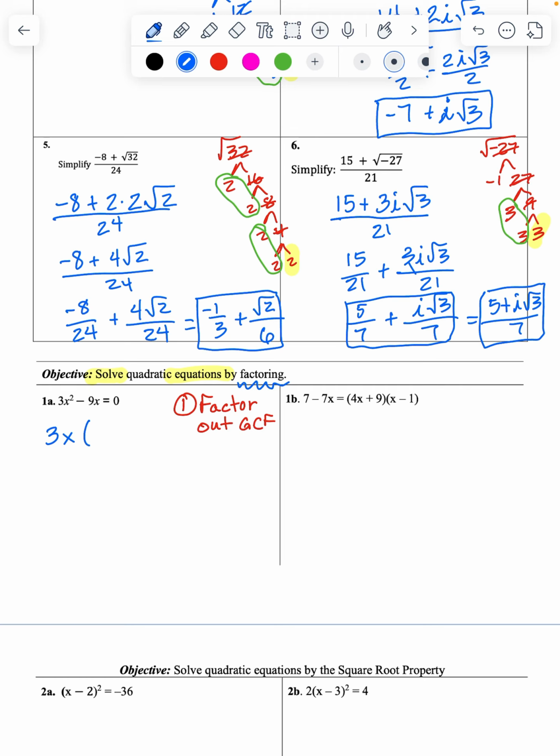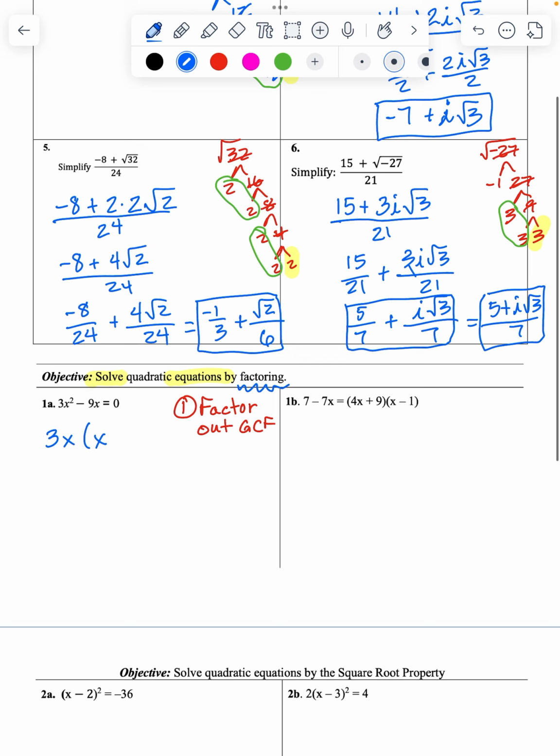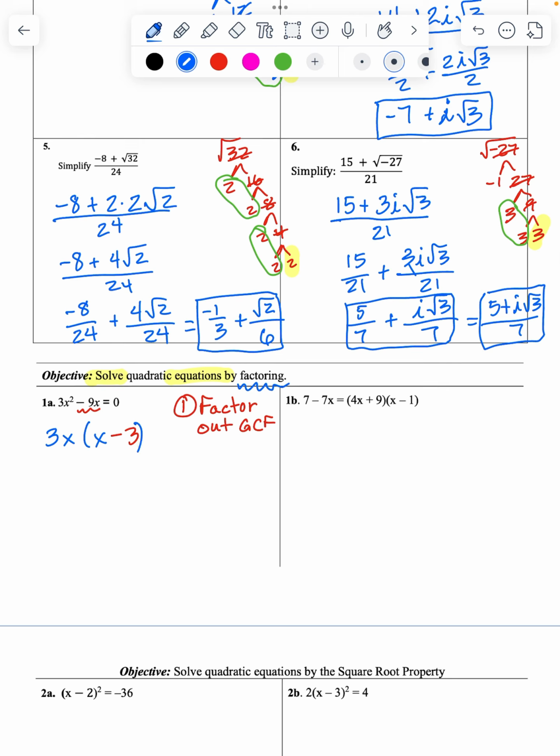Basically, it's undoing the distributive property, whichever way makes sense to you. 3x squared, when we divide by 3 and by x, will leave us with 1x. Again, you don't have to write the 1. And then the negative 9x term, when we divide by 3 and divide by x, will leave us with a negative 3, because negative divided by positive is negative, and x divided by x, there's no more x's left for that term. It's equal to 0.